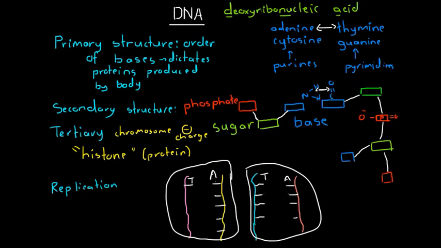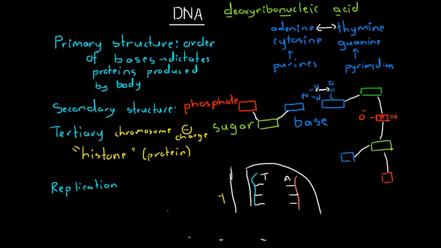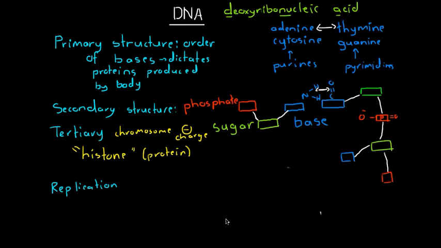Now, if we want to have a look at a brief example of how these bases work and how this bonding works, say the sequence on one strand of our DNA molecule looks like this. We have our phosphate group, and then a sequence of bases.